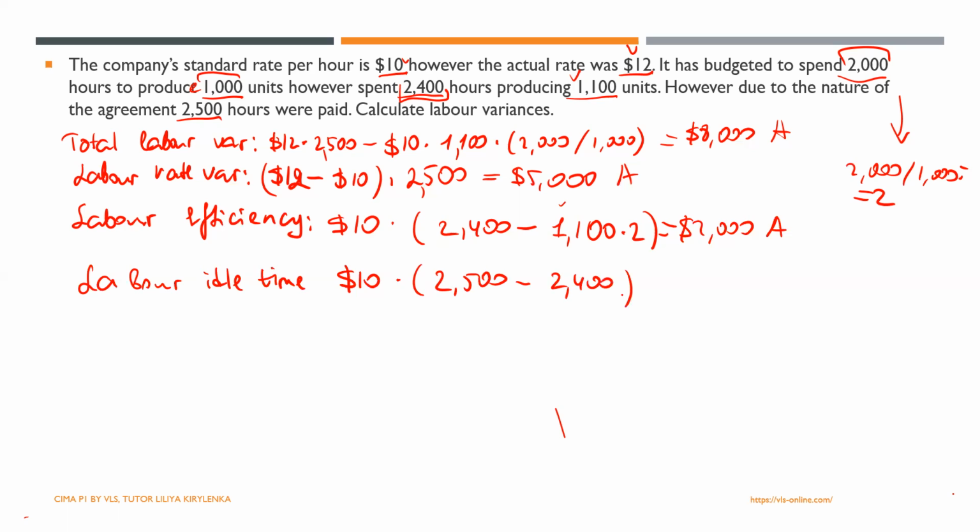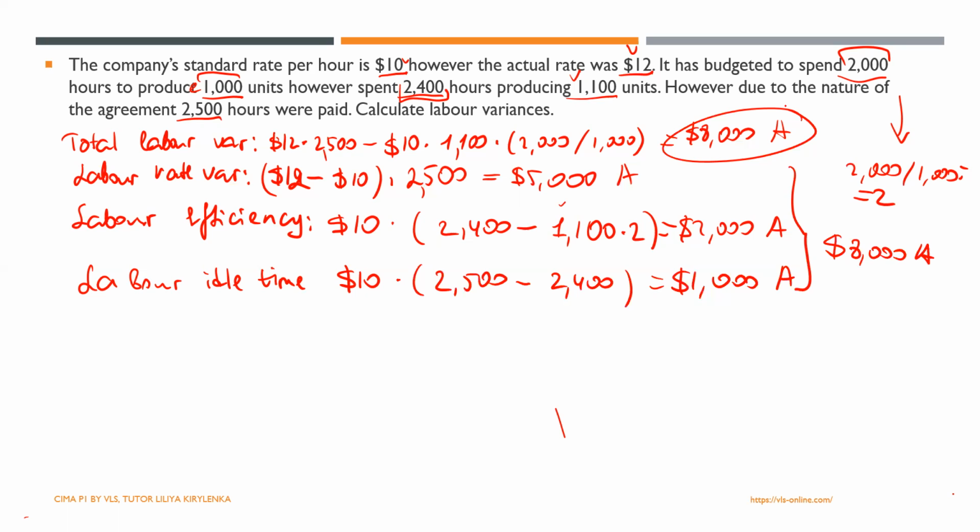So minus 2,400. Oh, and what does it mean? It means that we have a variance of 1,000 and that is adverse. And look, if you sum everything up, you will get the adverse variance of 8,000, and this is the same that we got in the first equation.